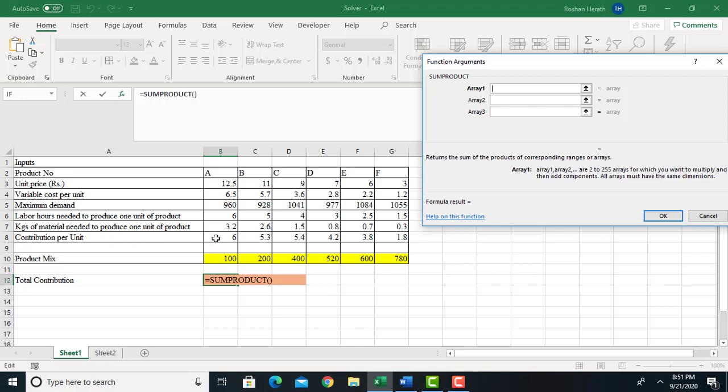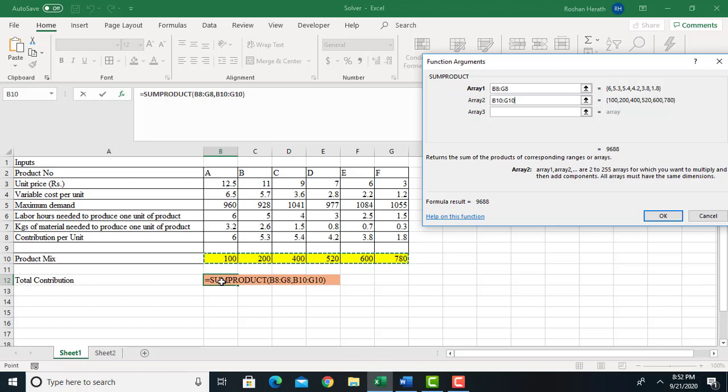First I would take this contribution array, the contribution from A to F. Then I would take the corresponding other array that I want to get multiplied. So I want to multiply 6 by 100, 5.3 by 200, likewise. So in the same order I select it. This function will help you to multiply the arrays and get the total of that.